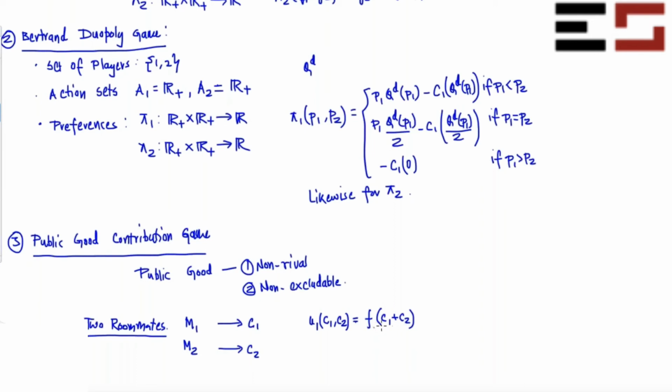So you can say that u1 is v1 of f of c1 plus c2, plus the remaining pocket money, m1 minus c1. And similarly u2 of c1, c2 is v2 of f of c1 plus c2, plus m2 minus c2.